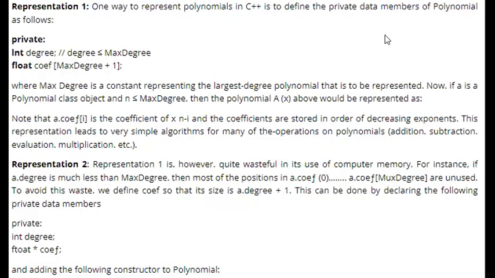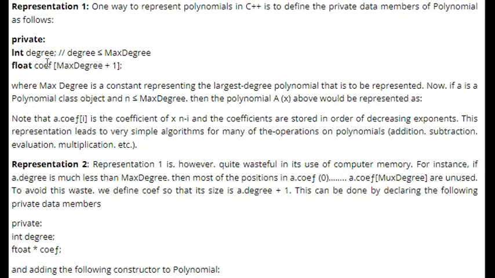So let us now consider how we can represent a polynomial in C++ by defining the private data members of polynomial as follows. First of all, we create int degree and a coefficient array, to tell us the degree of the polynomial and the coefficients to assign.